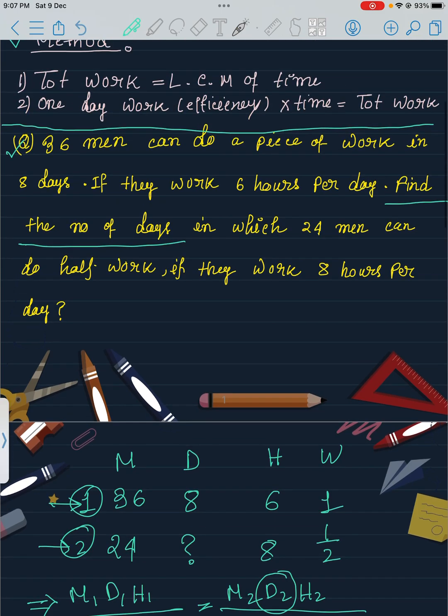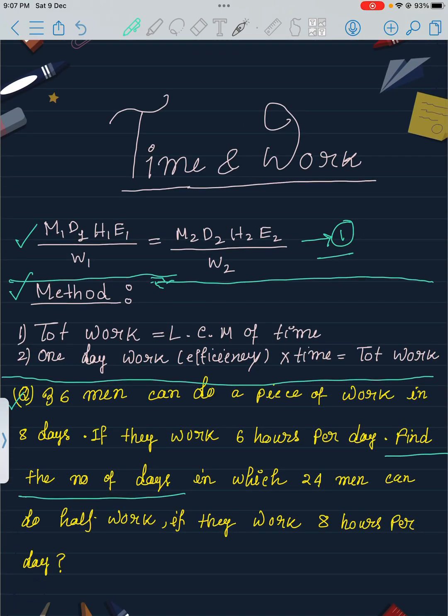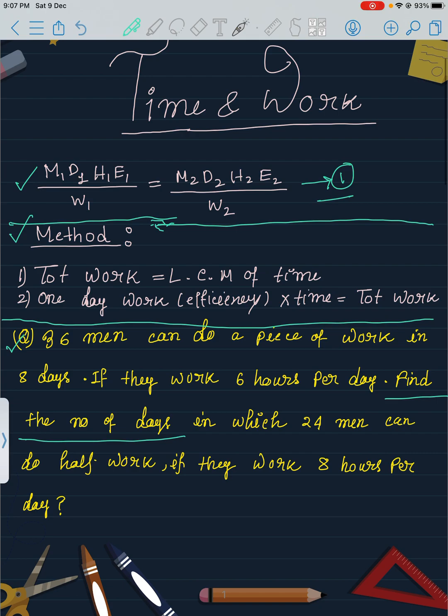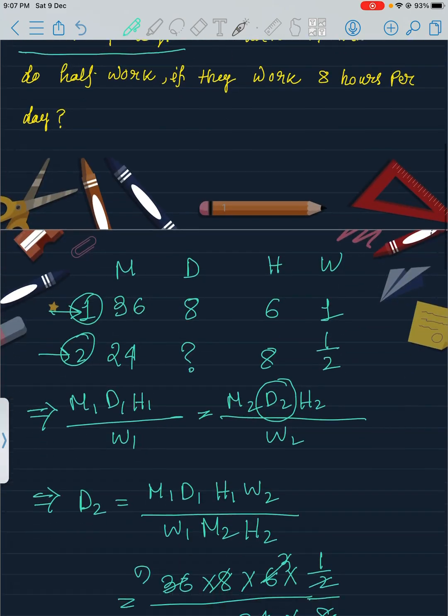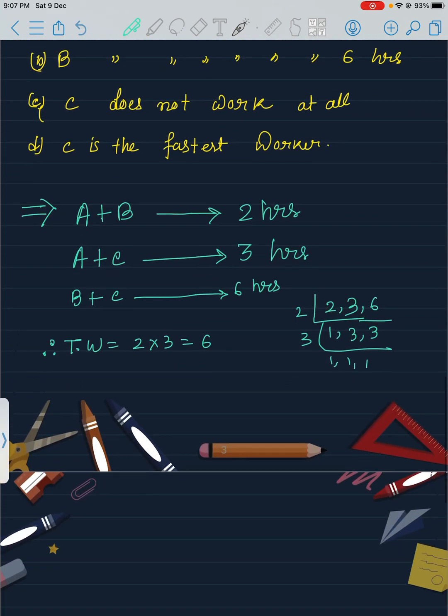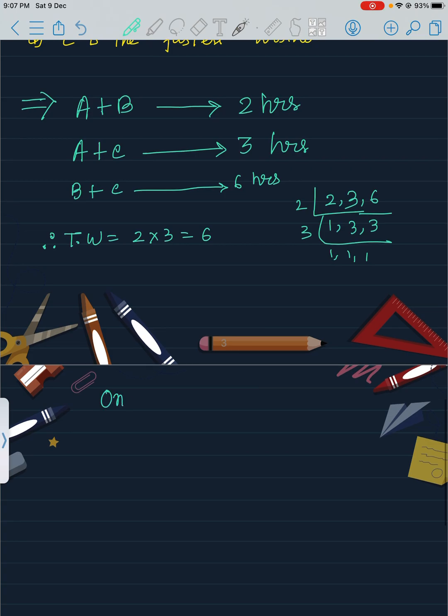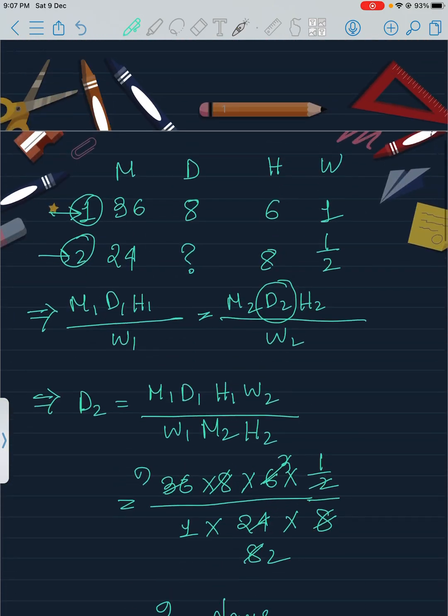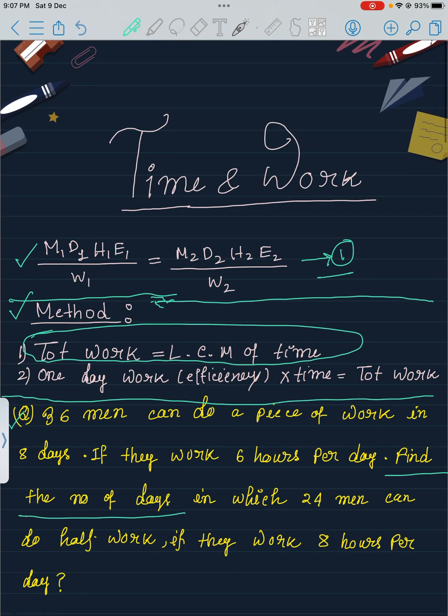Now we have to find one day work. Total work is done. See this formula: one day work into time equals total work. So one day work is total work by time. One day work of A plus B is what?